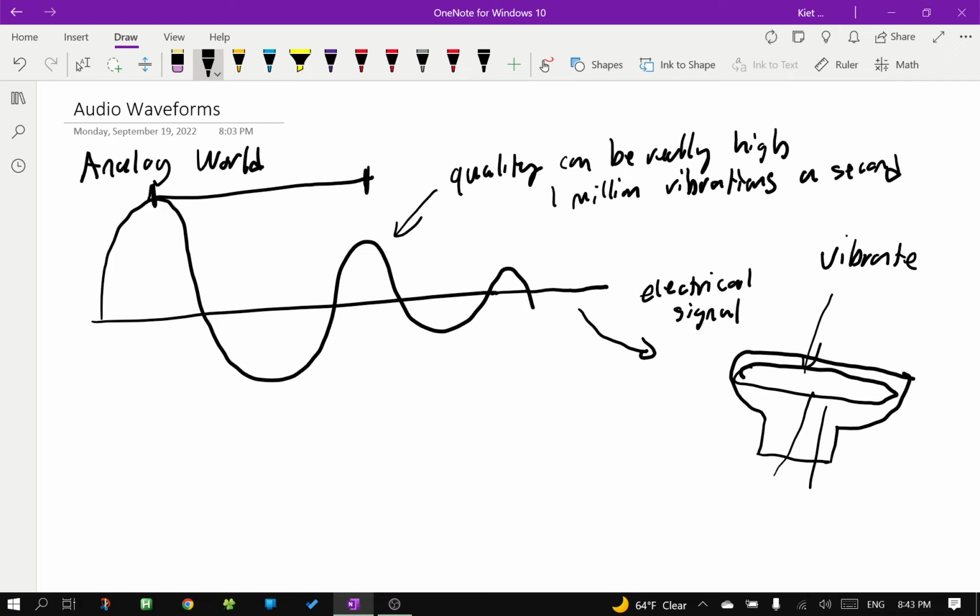I actually don't even know if that's true, but let's just assume that it is. It's really high, but our ears can only, I think, sense like 20,000 vibrations a second, that's the range in which it can actually interpret the sound.